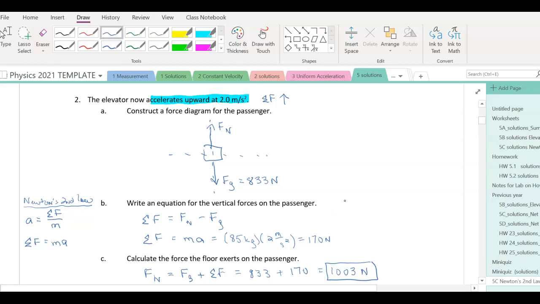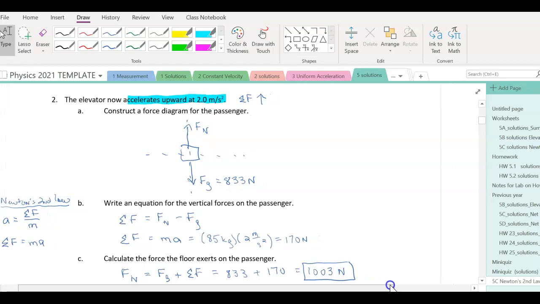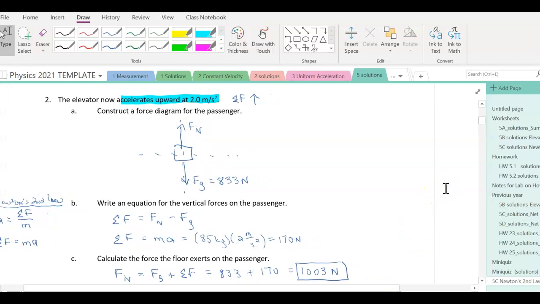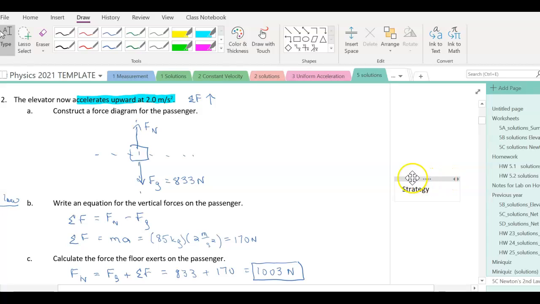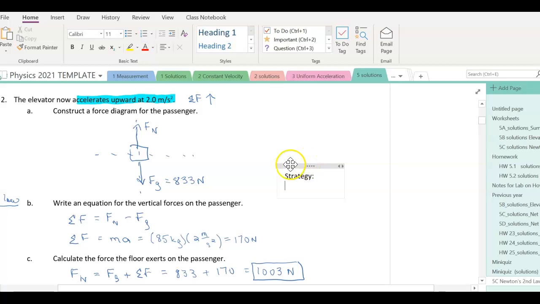So this problem illustrates the strategy that we're going to use in solving most of the problems that involve Newton's second law. And I'm going to type it since it involves some things I can type better than I can write. So the strategy is that we're going to express net force in two different ways.